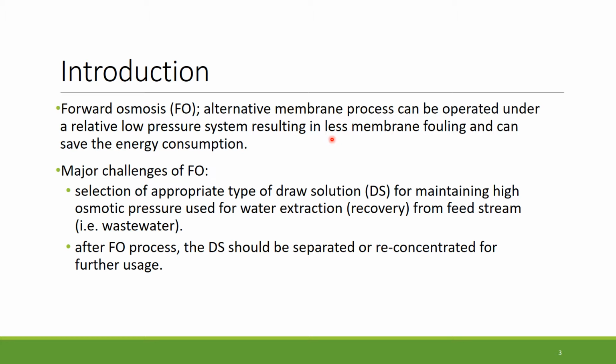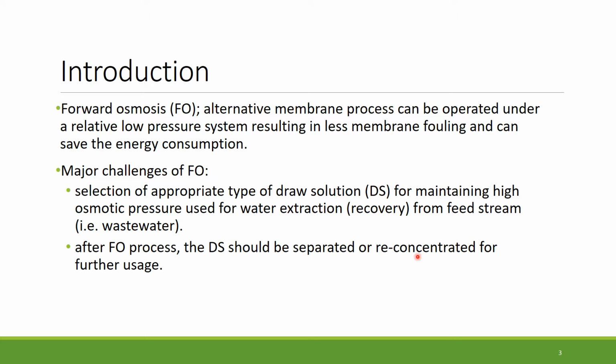However, some challenges happen. For example, selection of the appropriate type of draw solution. Actually, draw solution is used to maintain a high osmotic pressure. That pressure can be used to extract the water from the feed stream, for example, fresh water or wastewater, because the purpose is to extract water for further usage, right?